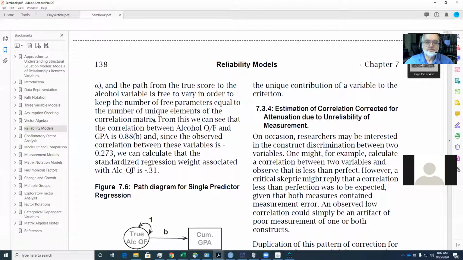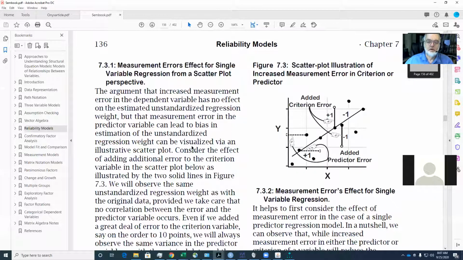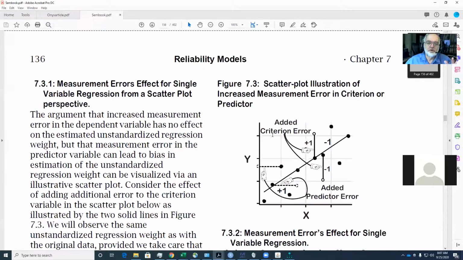So first of all, let's take a look at the scatter plot. What I want to do is to have ourselves think about this as a scatter plot again, and keep in mind what it is a regression line is doing when it fits data through some scatter plots.